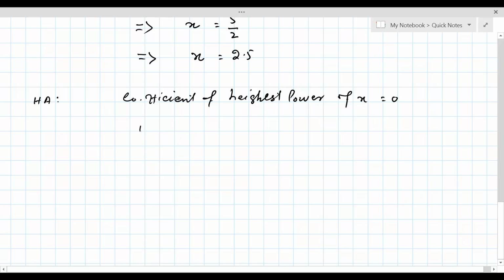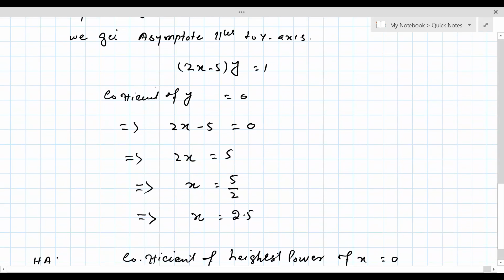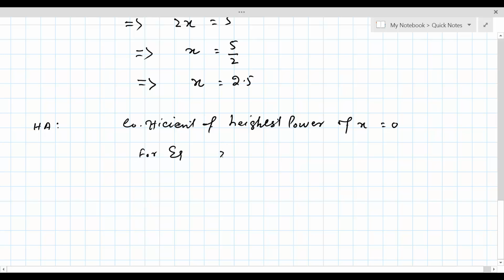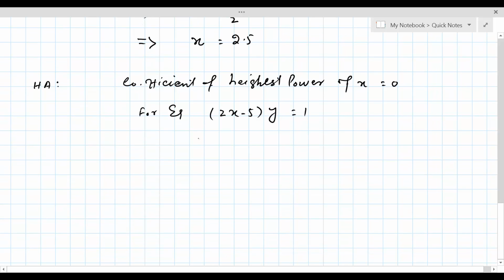So for the equation, what was the equation there? The equation was 2x minus 5 times y equal to 1, which means if we want to find just the coefficient of x, this would be 2y times x minus 5y equal to 1. So the coefficient of x in this equation is 2y.